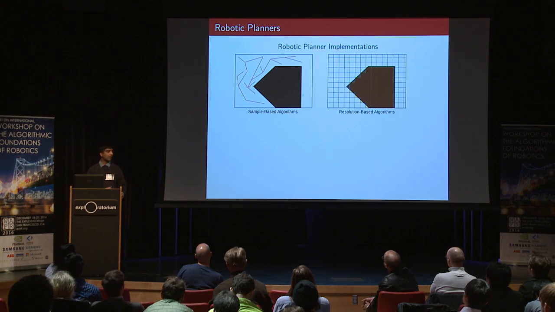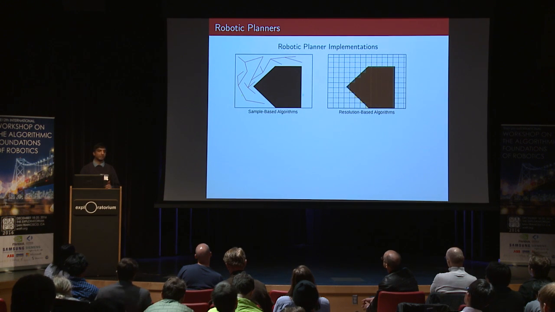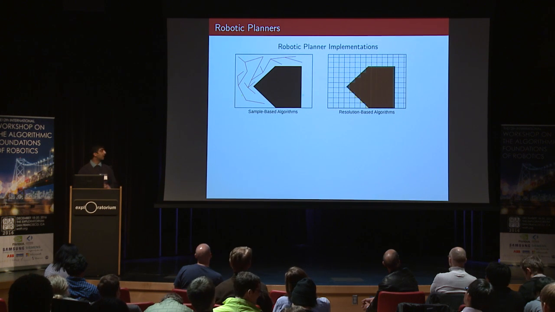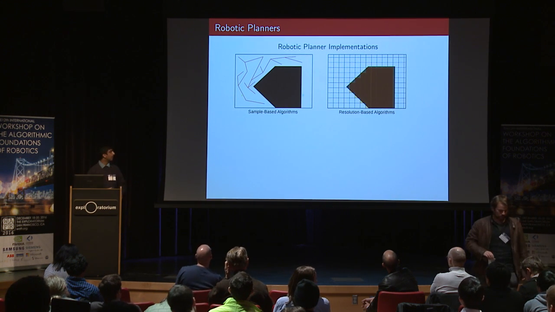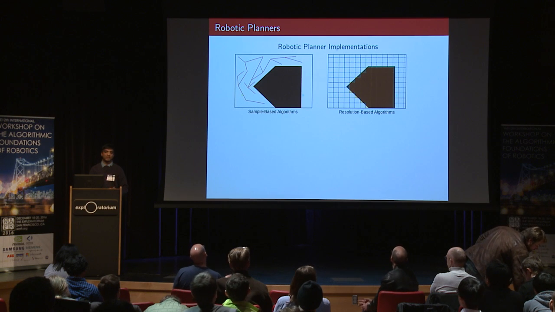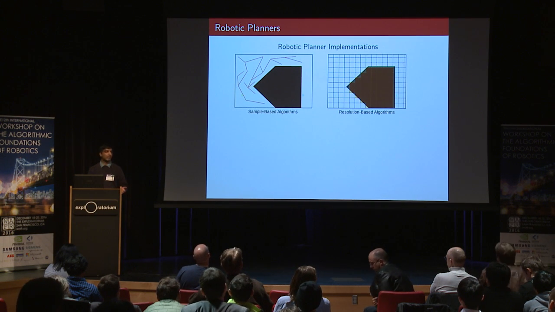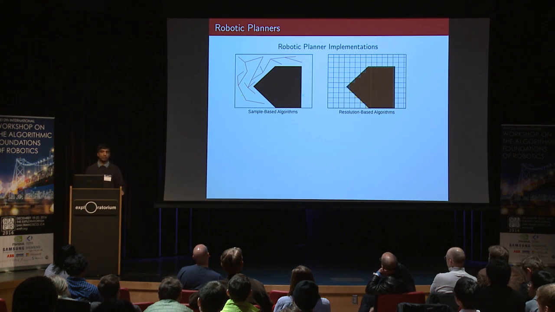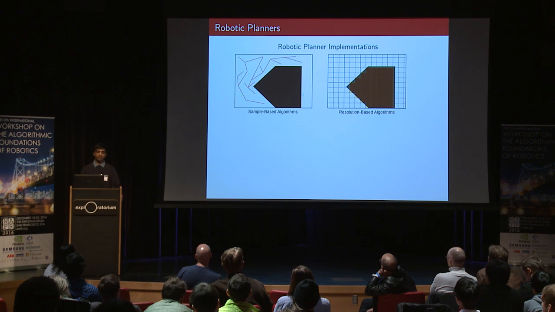And if we think about robotic planners, all the practical implementations fall into either being sample-based or resolution-based. Those algorithms are very fast, but unfortunately, they don't have strong theoretical guarantees. Sample-based planners can never determine if a solution does not exist, and resolution-based planners are always somewhere on the spectrum of incorrectness to incompleteness.